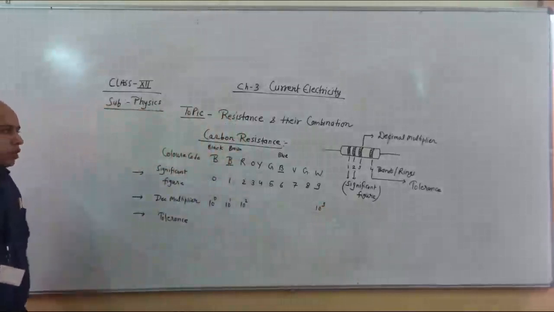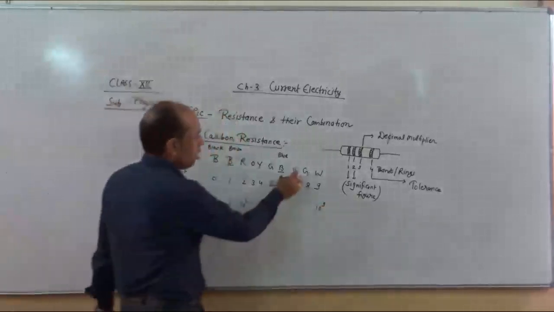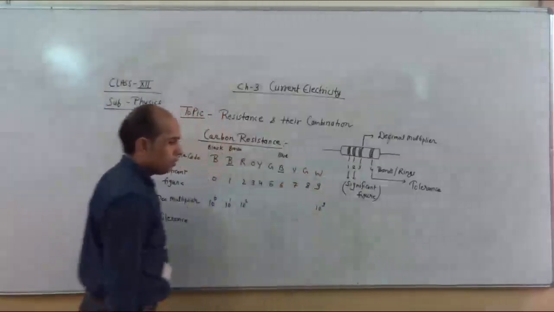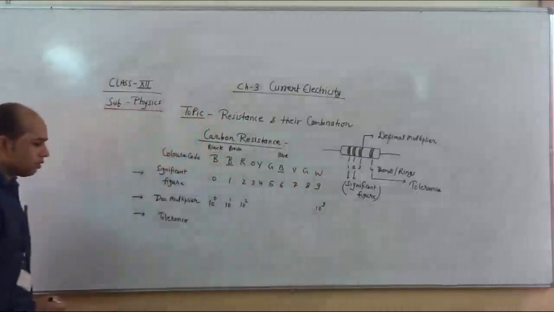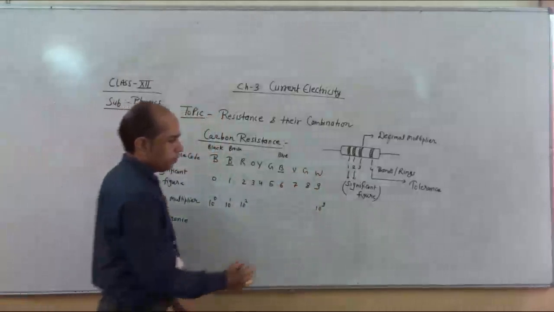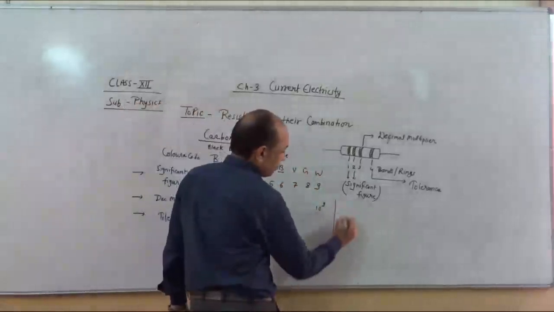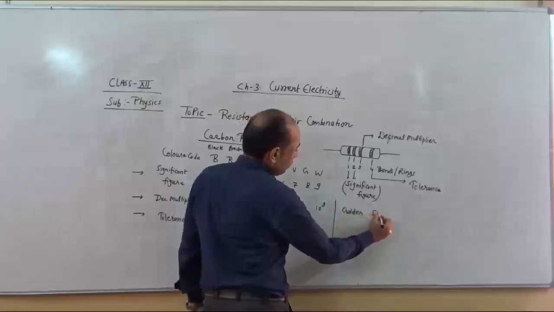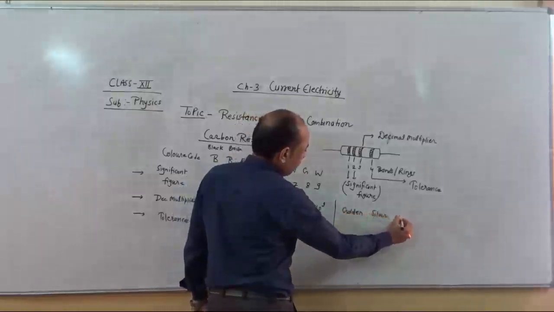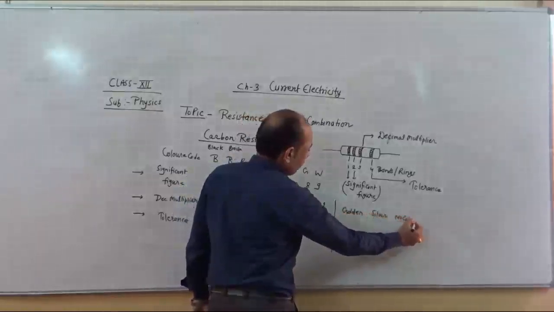If we come to the tolerance part, the tolerance part is only for three colors: golden, silver and no color.